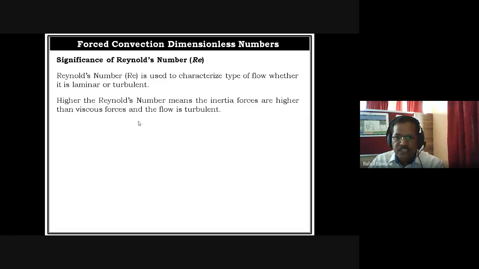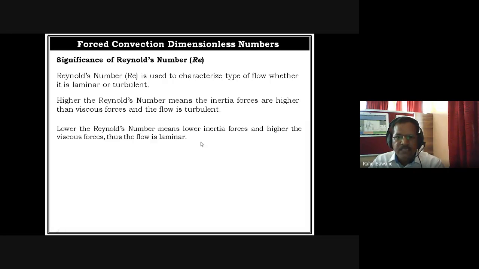So when inertia force is higher than the viscous force, we say the flow is turbulent, because viscous force tries to restrict the layers from traveling with a relative velocity. But if viscous force is lesser than inertia force, the layers travel randomly and we get turbulent flow. Lower Reynolds number means lower inertia force and higher viscous force. Higher viscous force does not allow layers of fluid to travel randomly, so we get laminar flow.